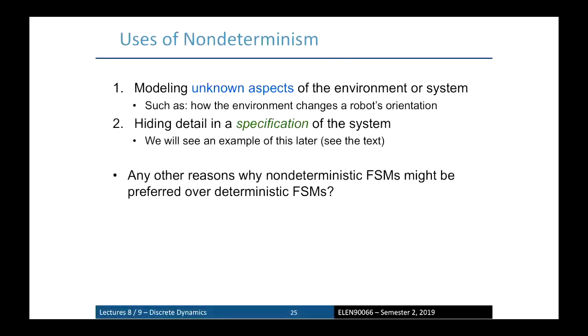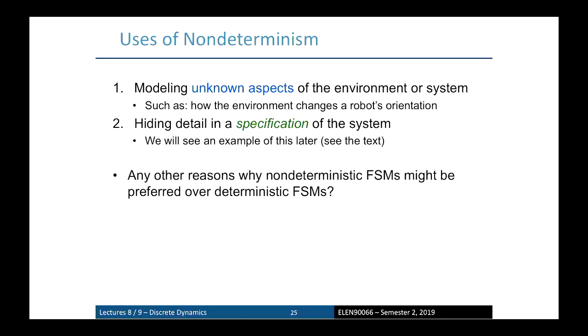Okay, so non-determinism is actually quite useful because it hides things. It models unknown aspects of the system in a way that you don't need to know the details about. So, for instance, an example that might be tied to the robot navigation is how the environment could change a robot's orientation.